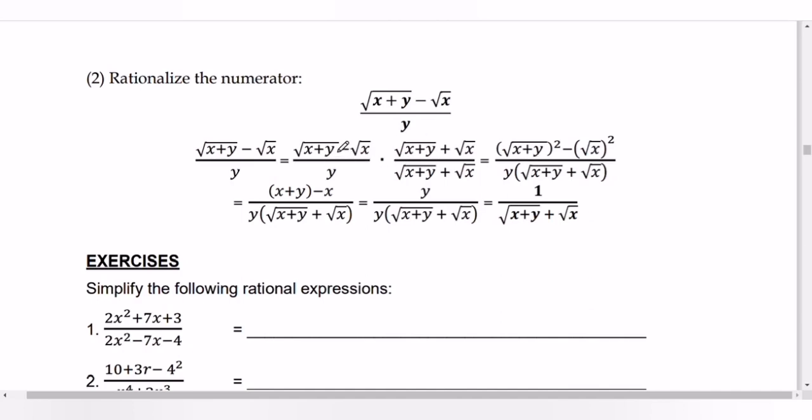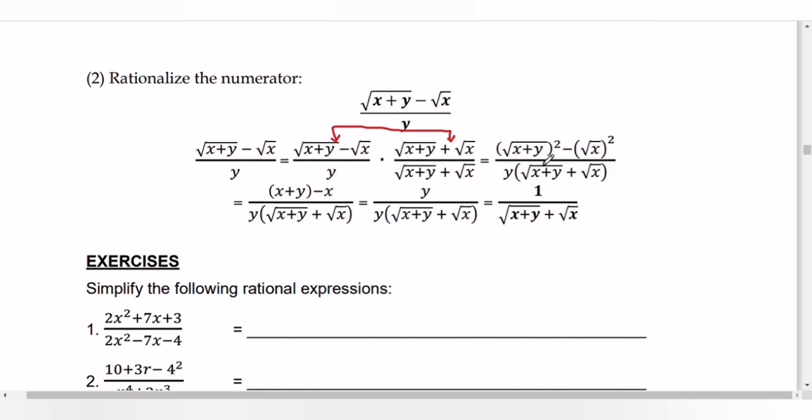So if we multiply this, applying the special product, our next result is the square of square root of x plus y minus the square of square root of x. Here times here and then here times here. So we have square root of x plus y squared minus square root of x squared.